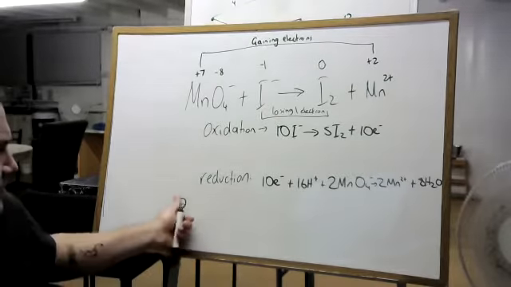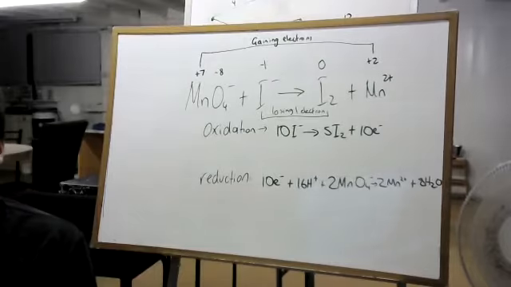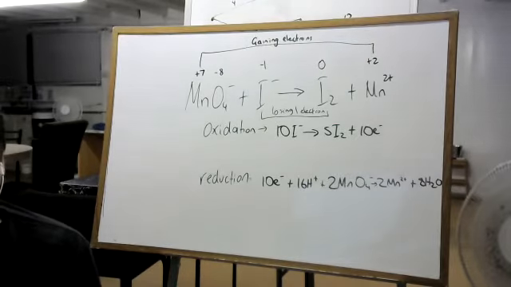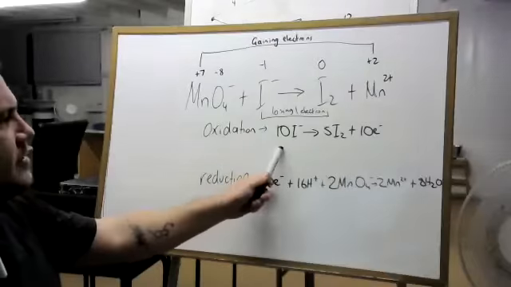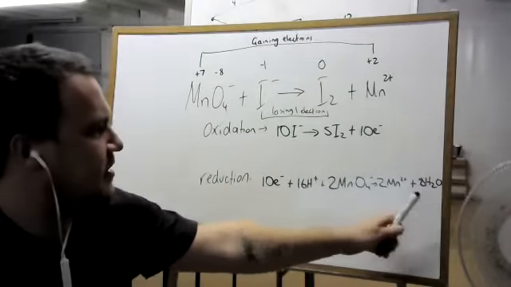Balanced. So 10 iodine, 10 iodine, 16H plus, 16H plus, 2 MnO4.